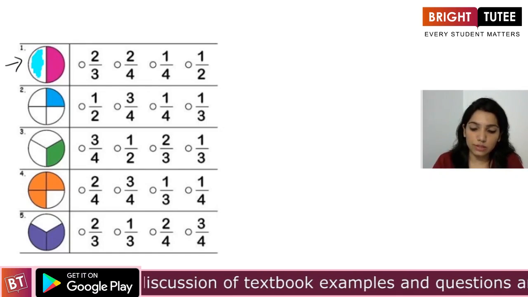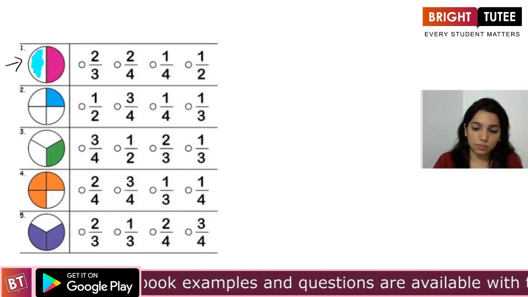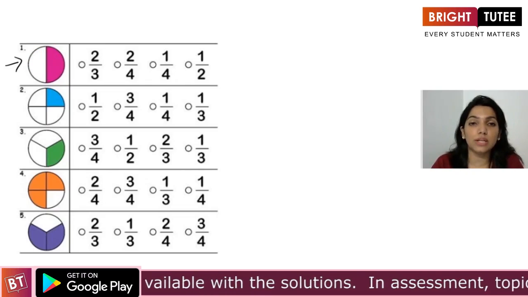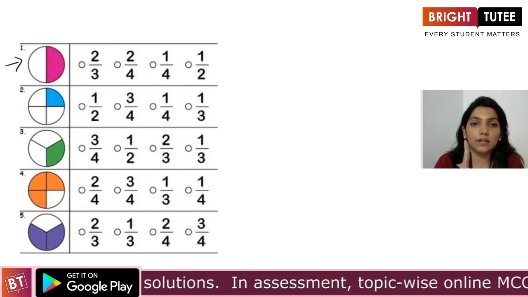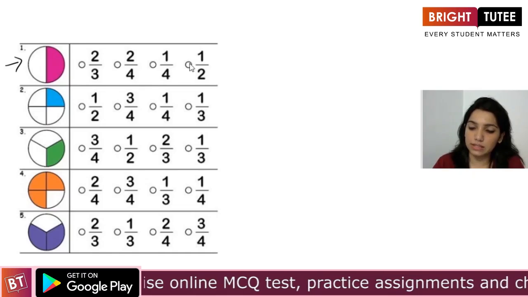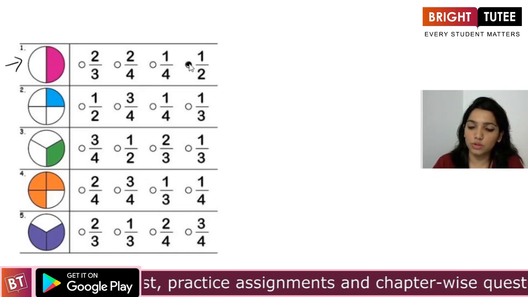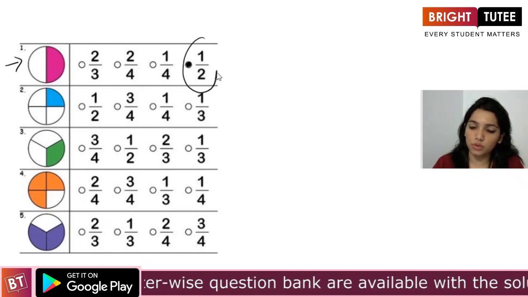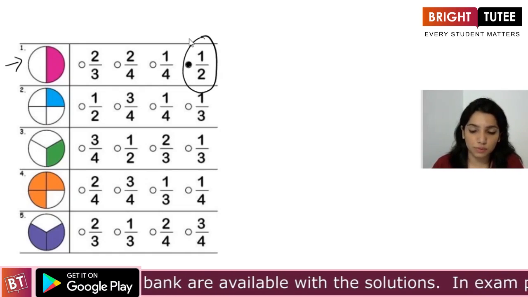So out of these 2 parts, I'll just erase this one. Out of these 2 parts, how many do you see shaded? Just 1. So what is the correct way to write it in fraction? It is 1 over 2. This is the correct option.